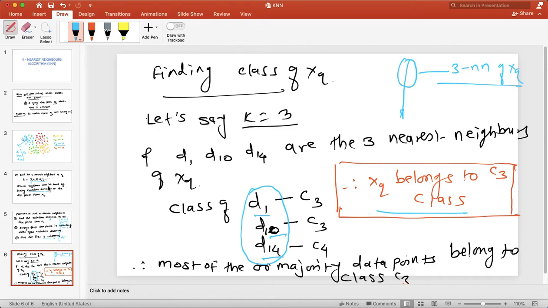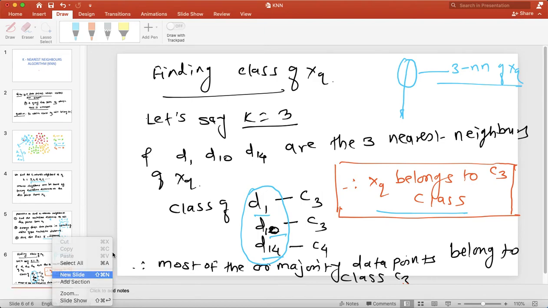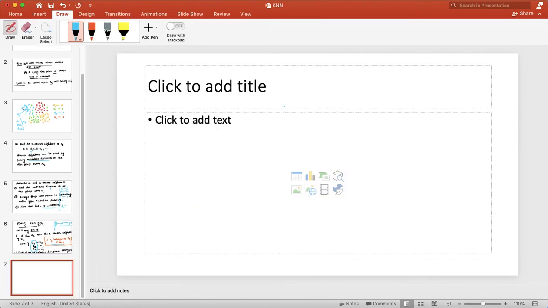The algorithm is very simple. Let me summarize one more time. What do we do in KNN? We find the k nearest neighbors of a data point XQ, and then we simply take a majority vote.